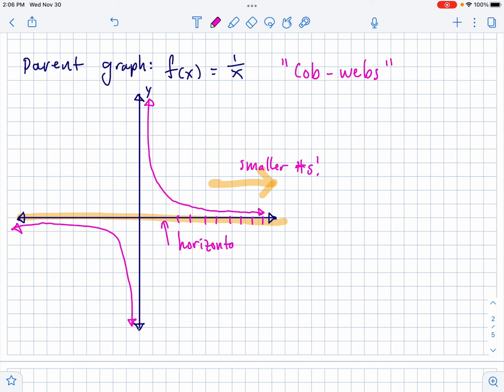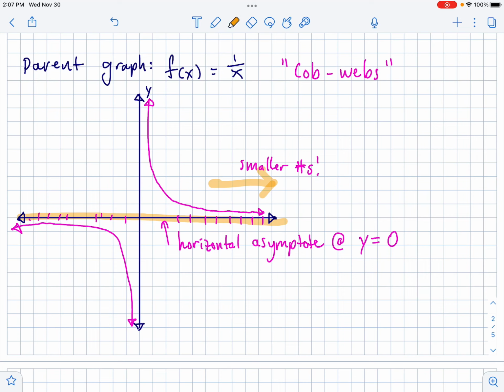So there's a horizontal asymptote. Remember, horizontal lines are the equation y equals something, so this is y equals 0.